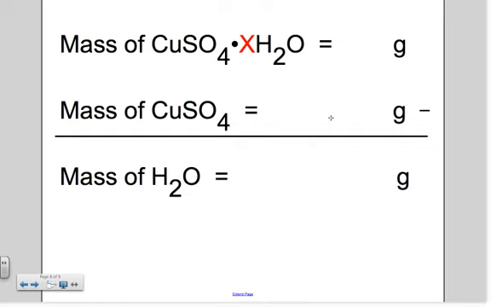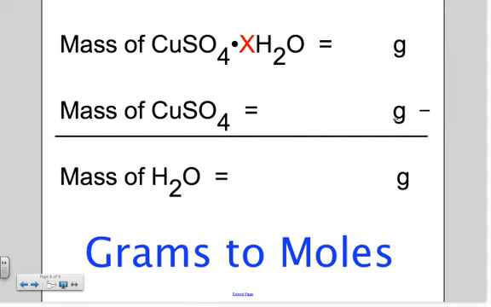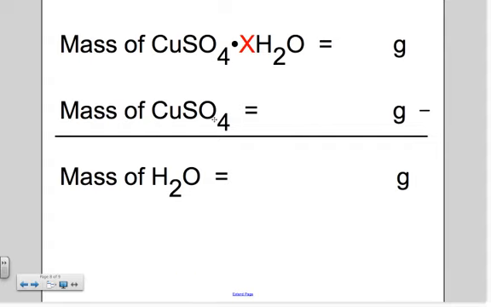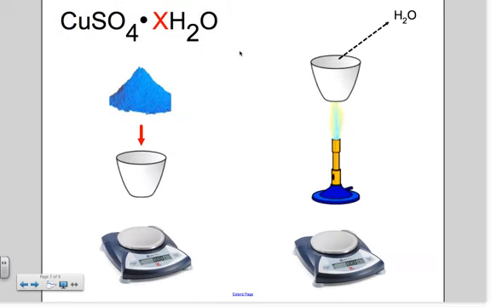And then if you'll remember, in this class, 98% of the time, if you have grams, what do you do? Convert it to moles. So then you can figure out how many moles of copper sulfate you have, how many moles of water you have, and that can get you your mole to mole ratio.